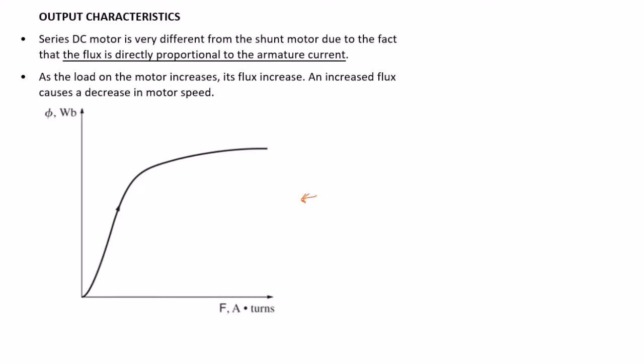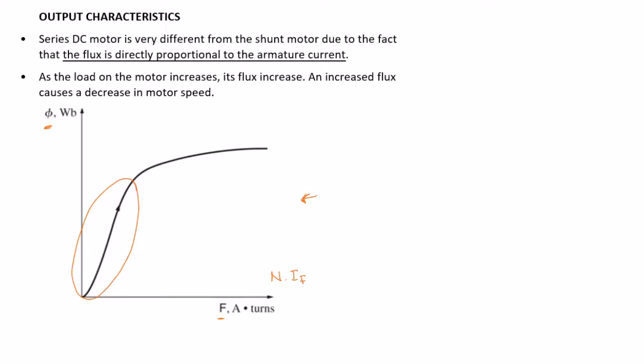We've got flux here and we have MMF. MMF is actually N into IF. Especially in this linear region, we can basically assume that the flux is directly proportional to IF.